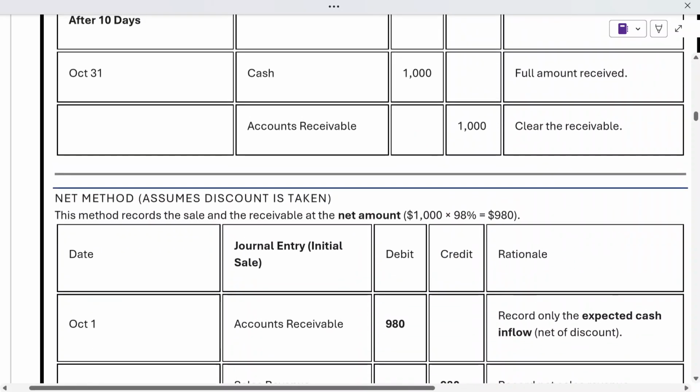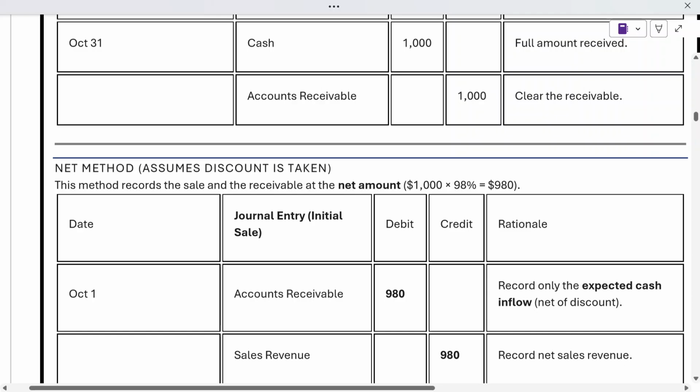Okay, now let's see the net method. In the net method, the thought is that the customer will be taking the discount. So historically, if the customer has taken the discount, Home Depot will record it at $980, because the customer will be taking a 2% discount on $1,000.